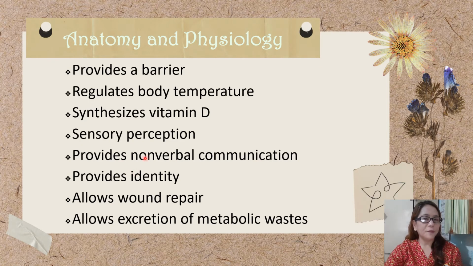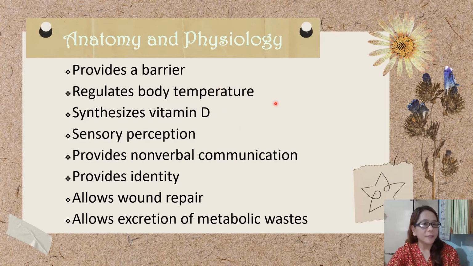Okay, before proceeding to physical examination, let us first review the anatomy and physiology of the integumentary system. Our skin keeps our body in homeostasis and it has so many functions. You will really appreciate how great our Creator is when you study the anatomy and physiology of the human body.